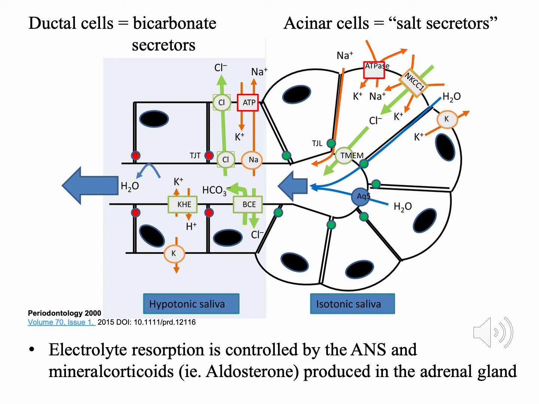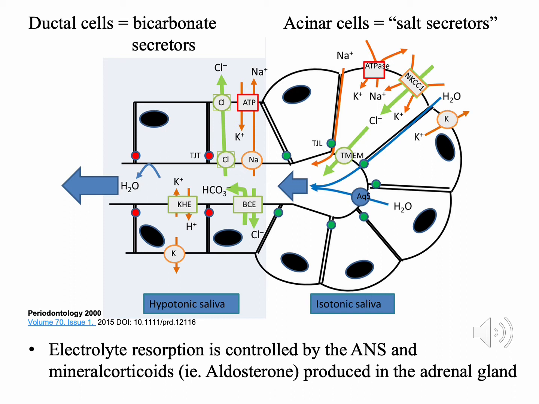This saliva will then flow through the intercalated ducts and into the striated ducts, where we will have a creation of a hypotonic saliva. In order to accomplish this, the ductal cells will resorb sodium, they will resorb chloride ions, and they will excrete bicarbonate. So think of them as bicarbonate secretors, as well as some potassium ions as well.